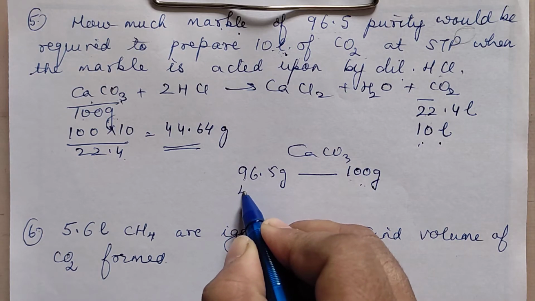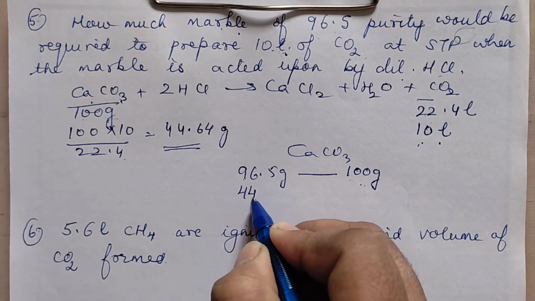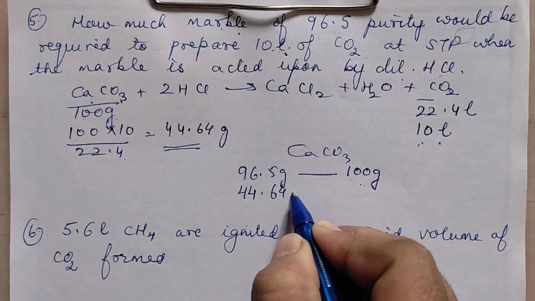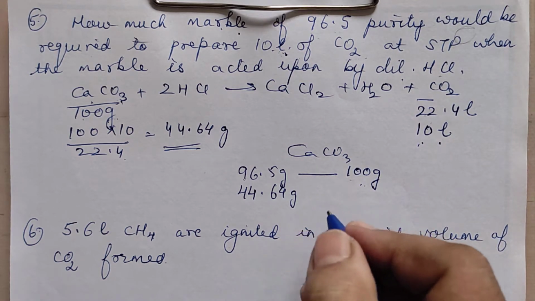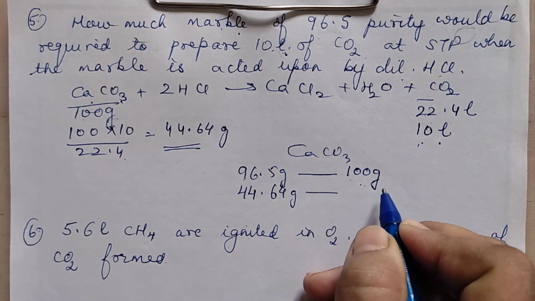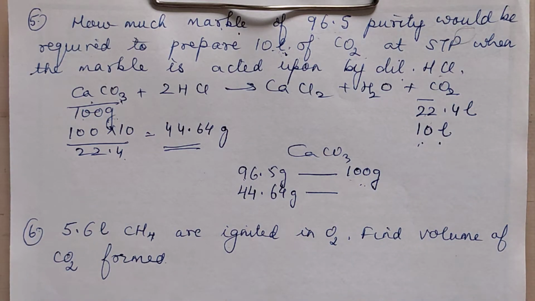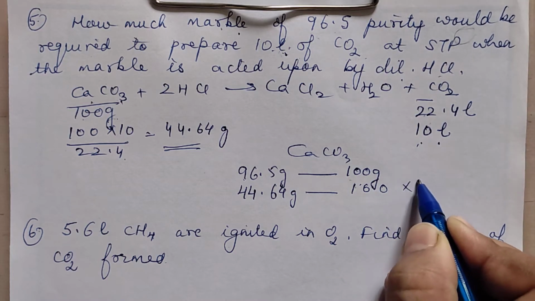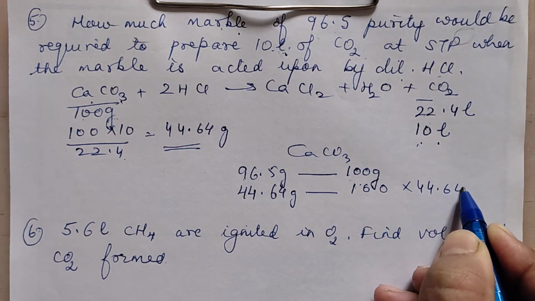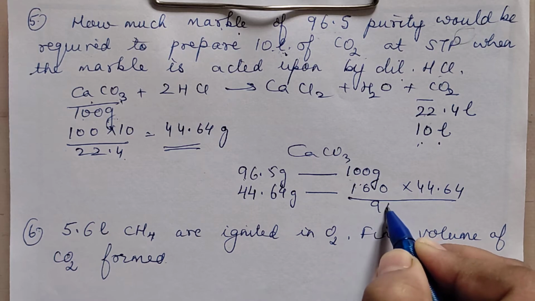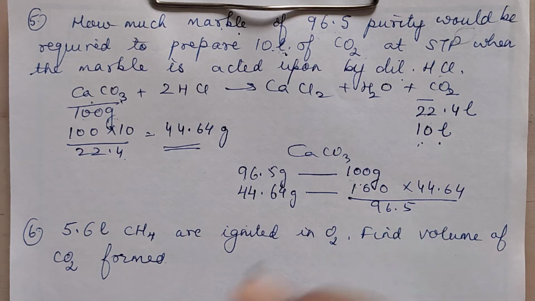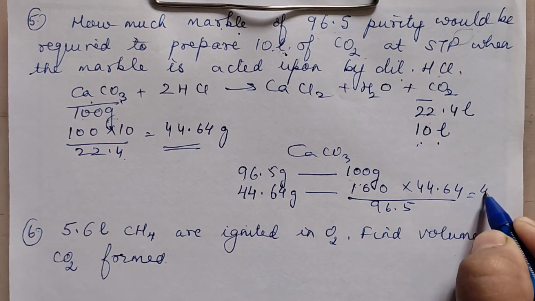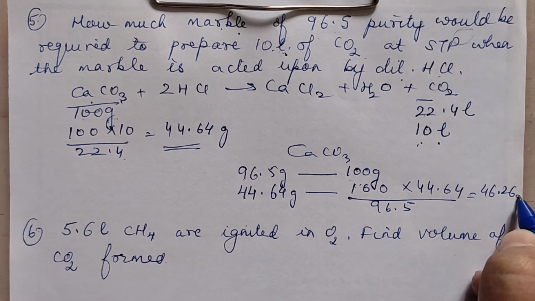So if you require 44.64 gram, then how much calcium carbonate will be required, because it is not 100% pure? You will calculate 100 multiplied by 44.64 divided by 96.5. When you solve this, you get the answer as 46.26 gram.